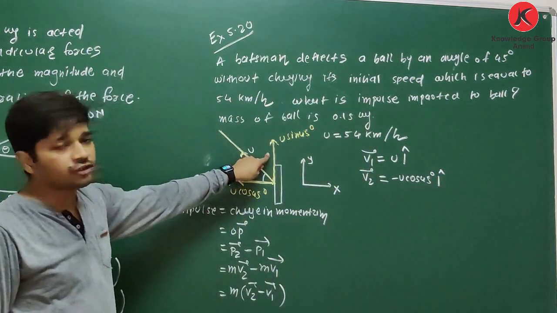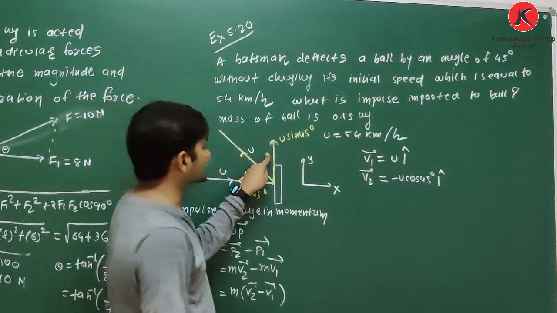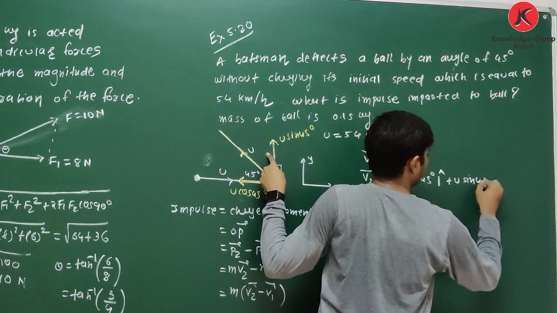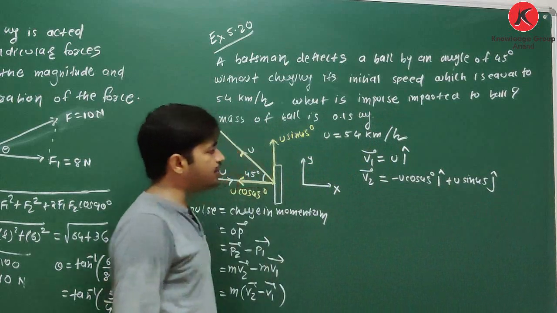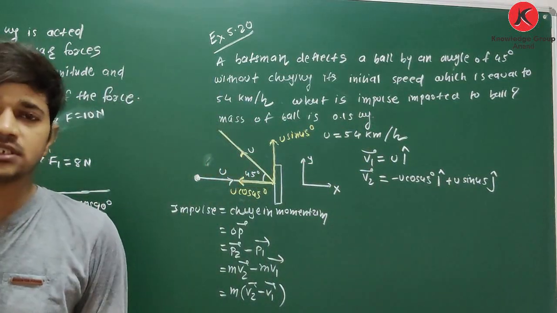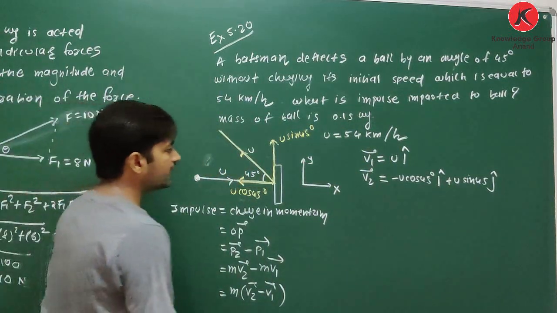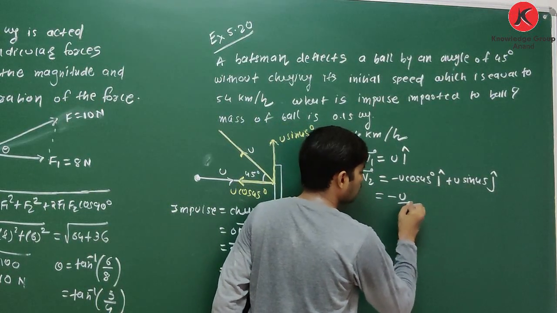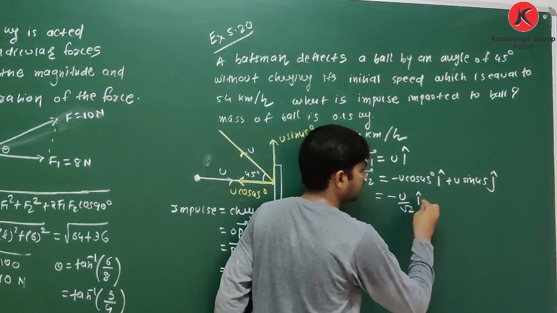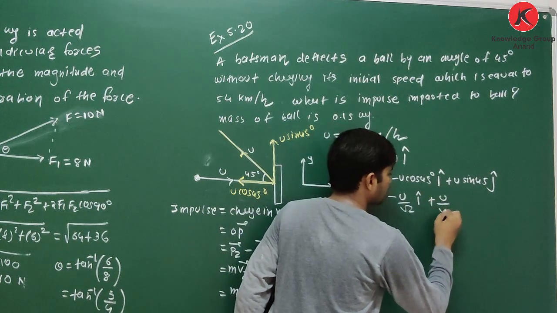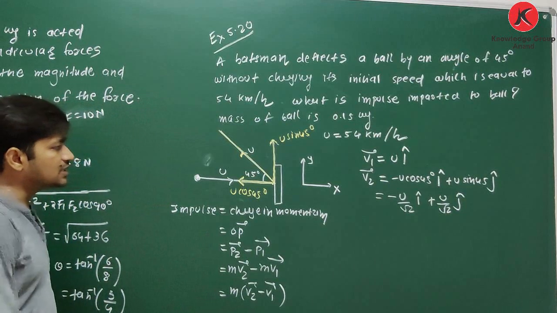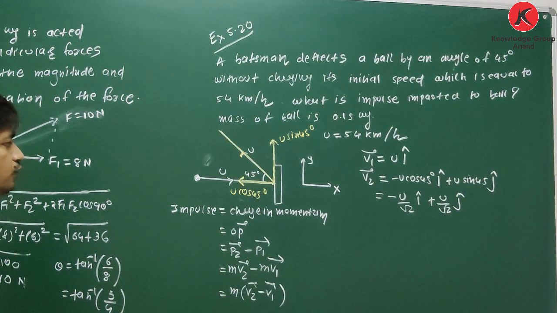This component is in the positive y direction, so we write plus u sin 45 j cap. I can simplify this: cos 45 means 1 upon root 2 and sin 45 means 1 upon root 2. So these are the values of v1 and v2.